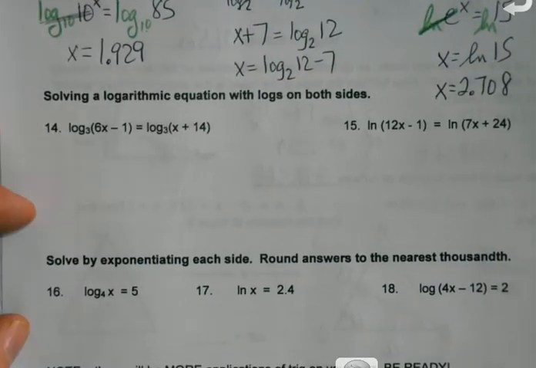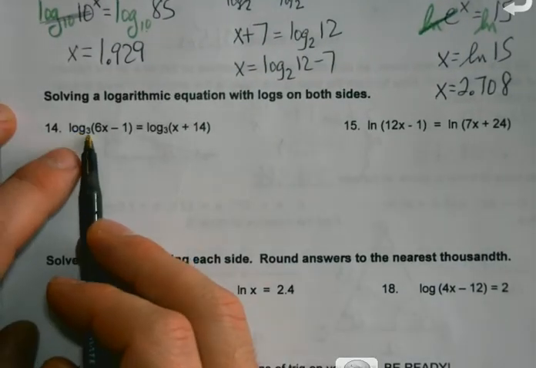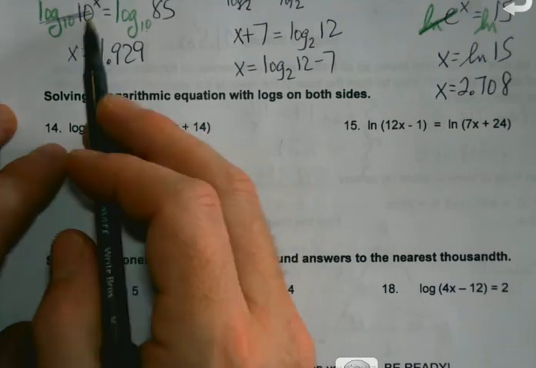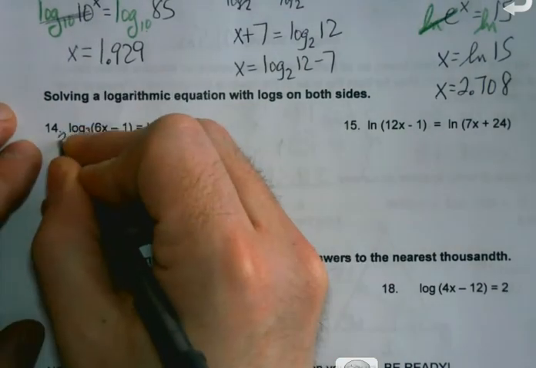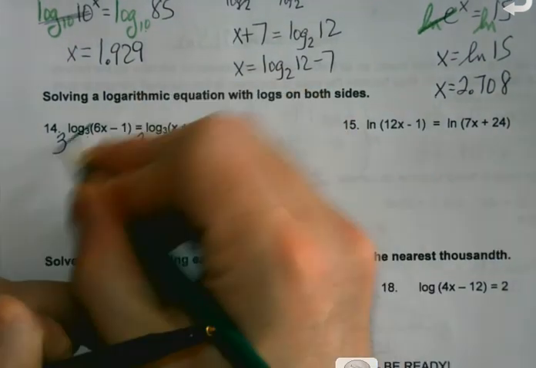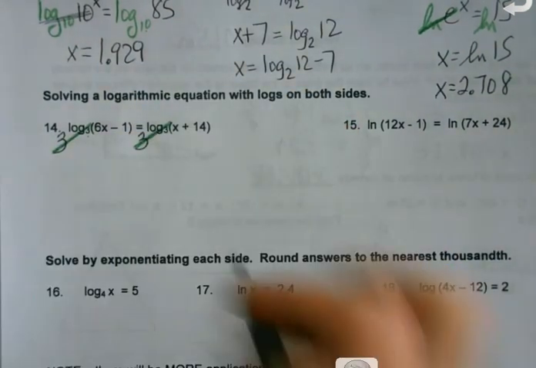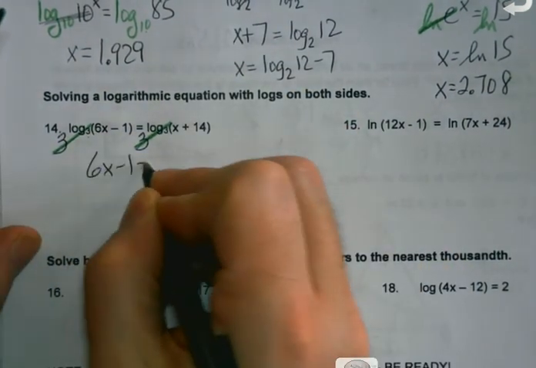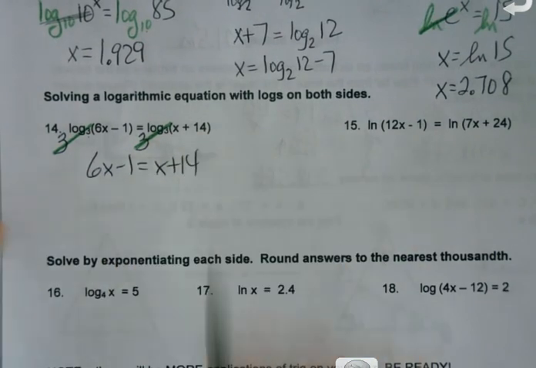Solving with logs on both sides. Log base 3, its inverse is 3. So if I use the 3, they just cancel. Those are inverses and just cancel, and I just solve the equation that's left. Okay, we're going to keep life simple. And we can solve a two-step equation, so it's really no big thing. 15 is the exact same thing.